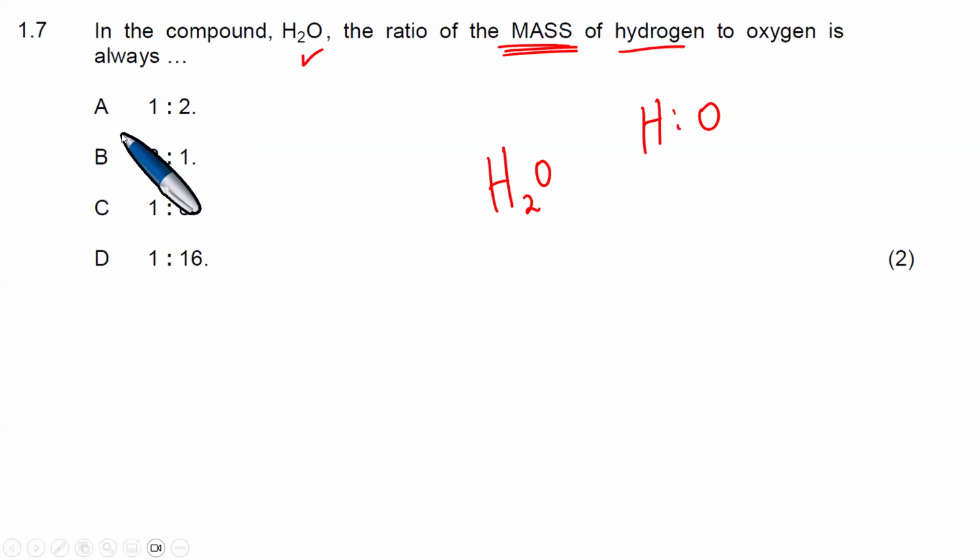So at this point, we are looking at 1.7, and we are looking at the ratio of the mass of hydrogen to oxygen.